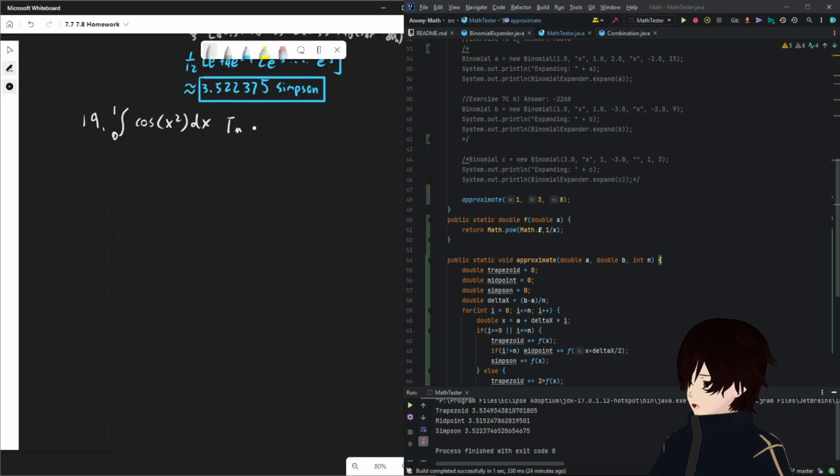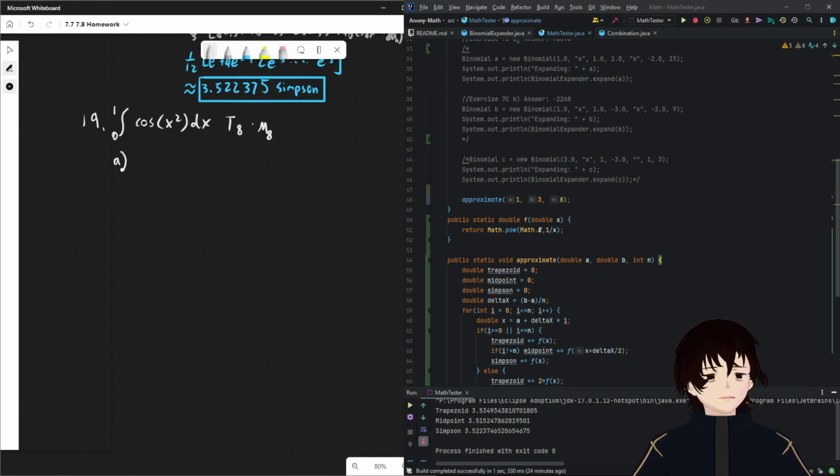Wait, no, trapezoid was interval 8 and the midpoint was interval of 8. And that's A. B wants to estimate the error in the approximation, and then C has something else.